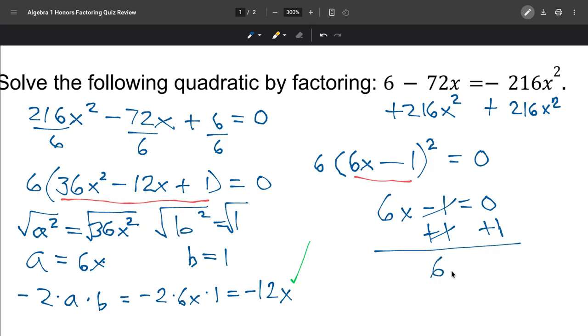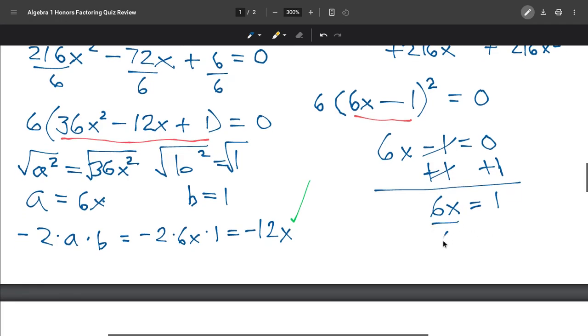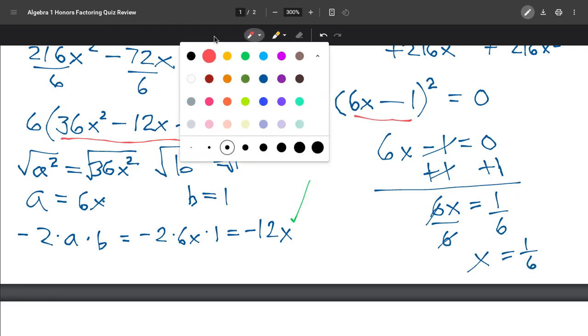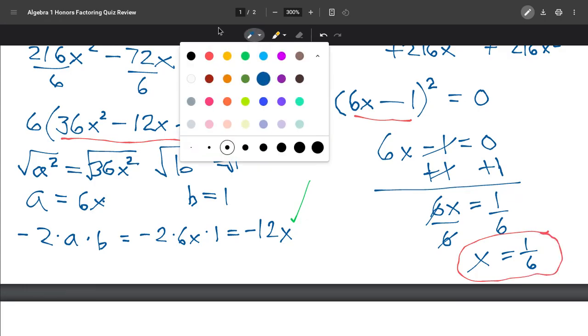And then I get 6x equals 1. And then I'm going to divide both sides by 6. So x equals 1/6 is my solution here. And that's that. All right, let's keep going.